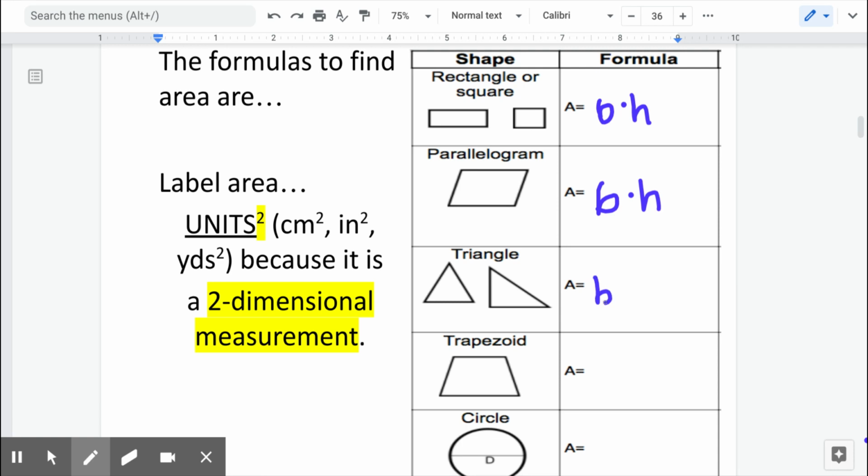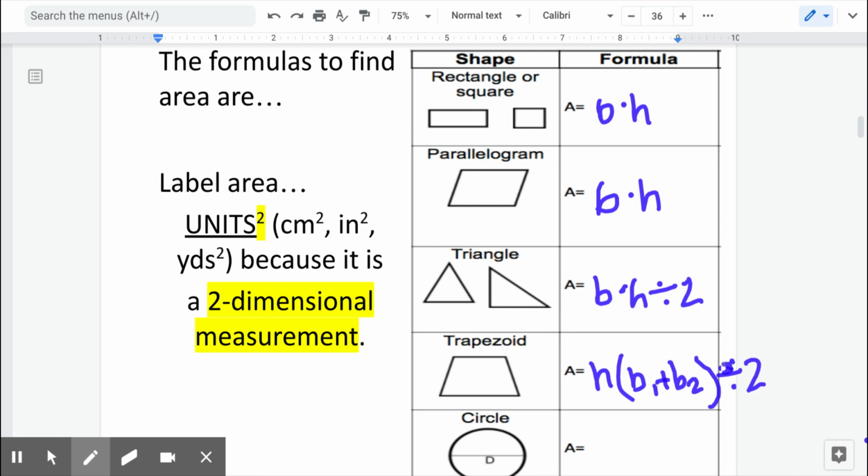Triangles are pretty close. We take area equals base times height divided by 2. Trapezoids are where things get a little bit harder. We take our height and we multiply it by the 2 bases added together, and then we divide it by 2.